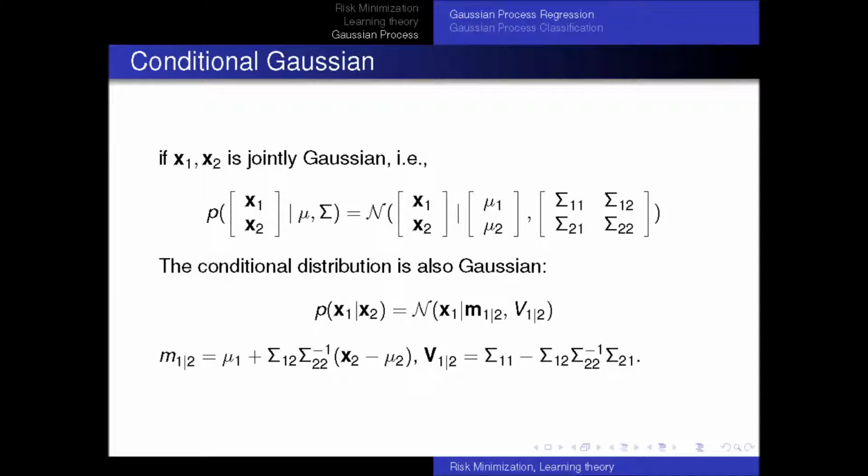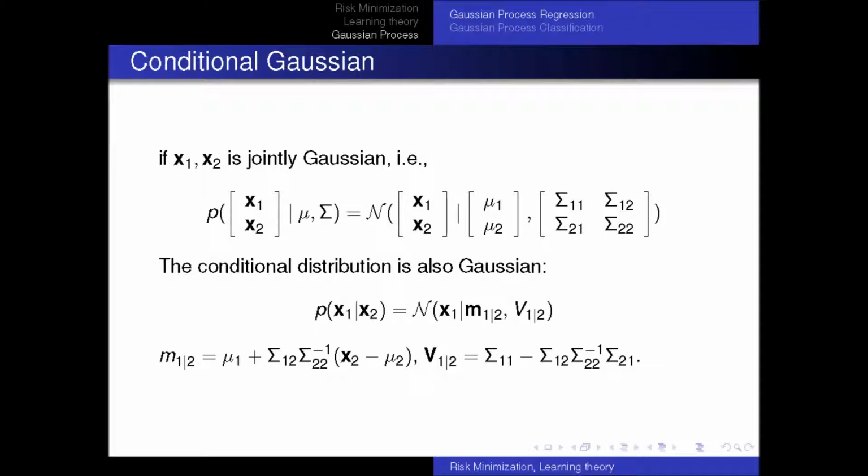If this holds, then the conditional distribution is also Gaussian, which means if we are given x2, the distribution of x1 is also a Gaussian distribution. And we know the mean and the variance of this distribution.